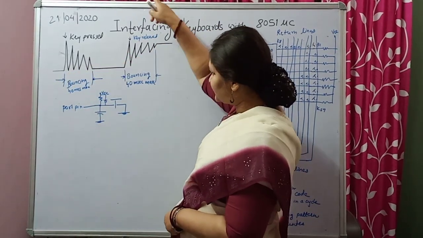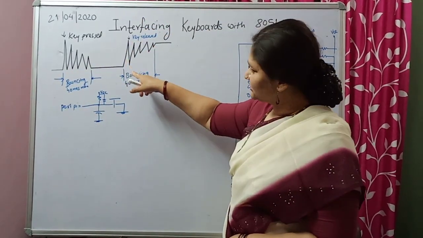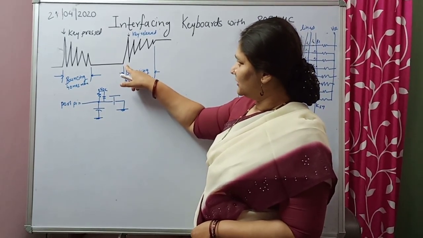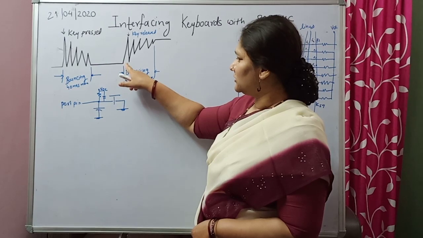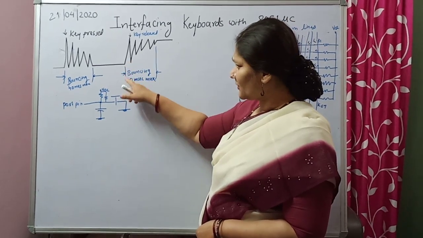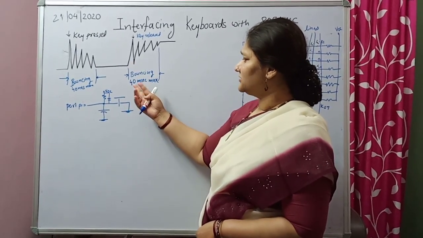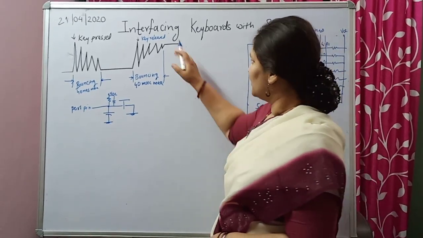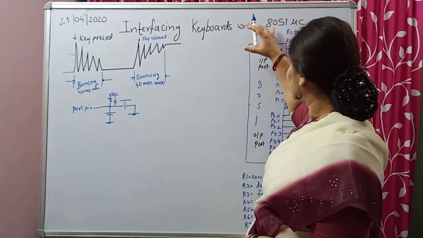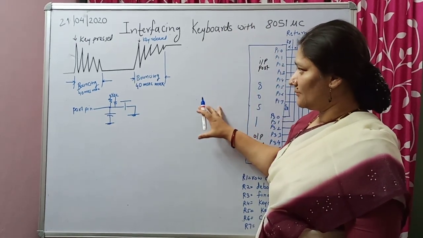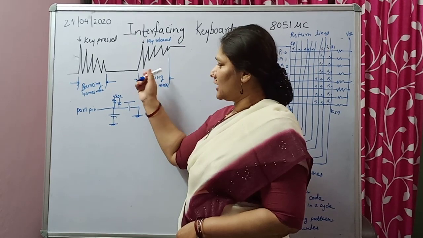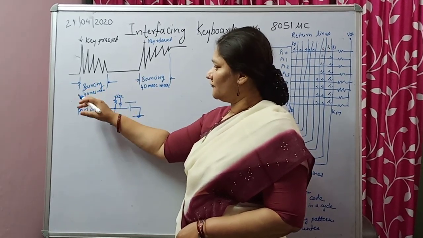And when you release the key, it also does not get stable immediately; here also it takes some bouncing time, and this debounce period is 40 milliseconds. So if I have to do interfacing of keys with 8051 microcontroller programming, then for this stability I have to put in a software delay.